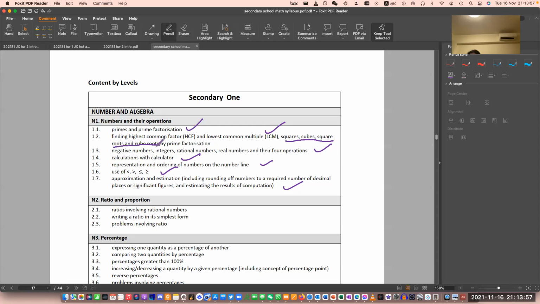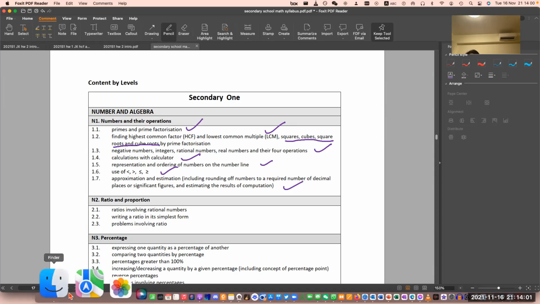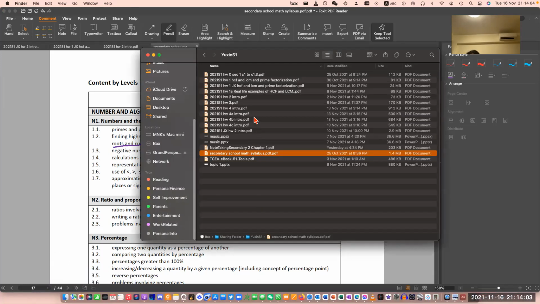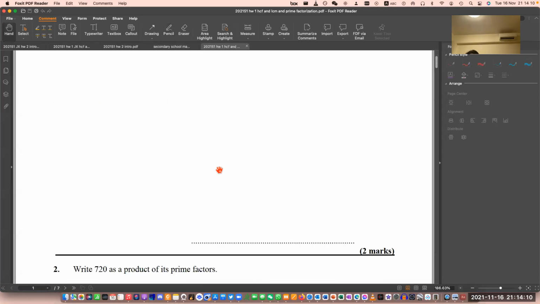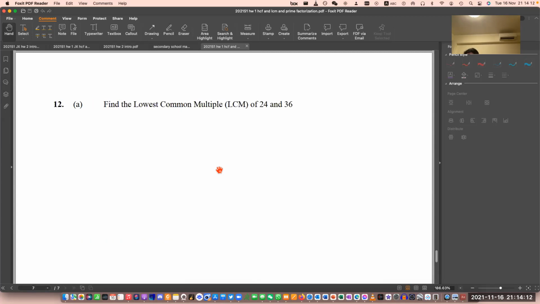cube root stuff. I think we talked about this question last week, and let me show you the question. I've forgotten where it is. Never mind, let me take a look at this. Not here. Okay, good. So let's use this as an example.